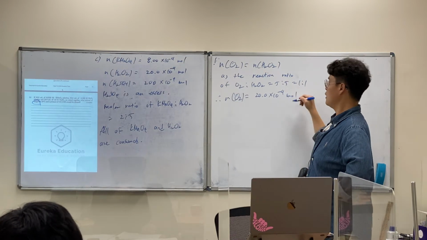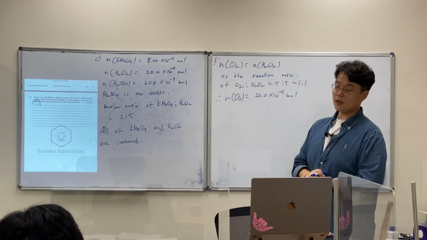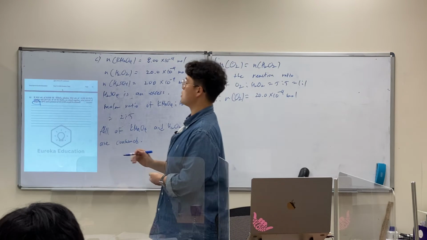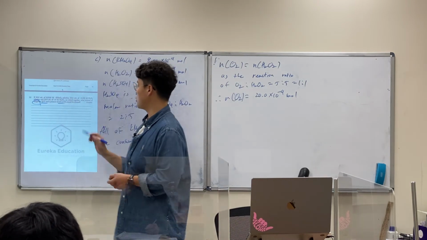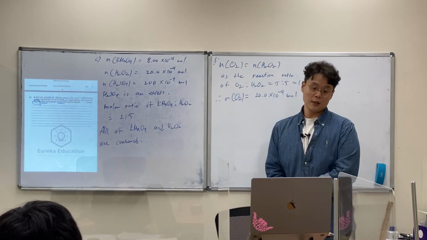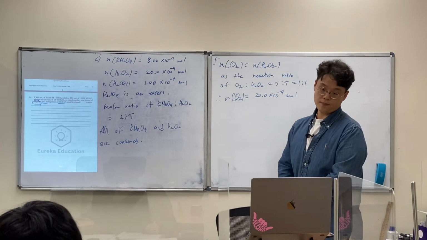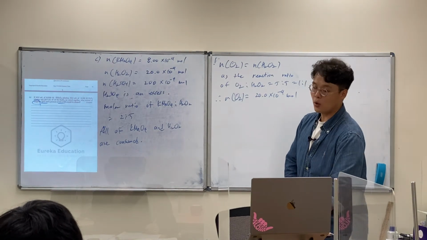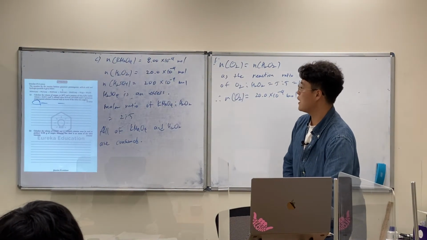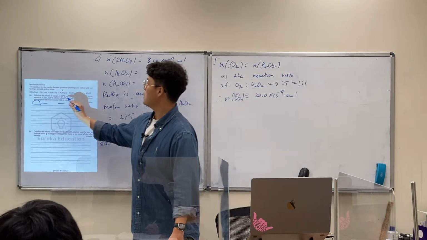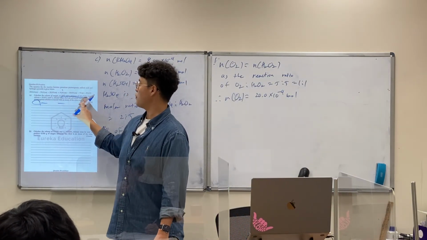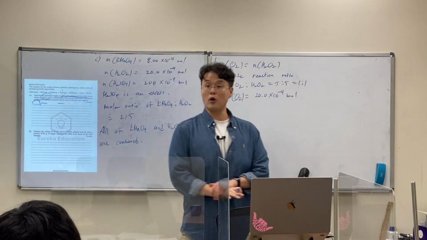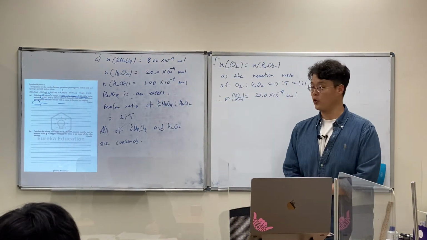If you got up to here, now we are given some conditions: 20 degrees Celsius and 101.3 kilopascals. The question asks you to find the volume. And we can use the value here. This is a simple trick. At 20 degrees Celsius and 101.3 kilopascals, the molar volume is 24.05.